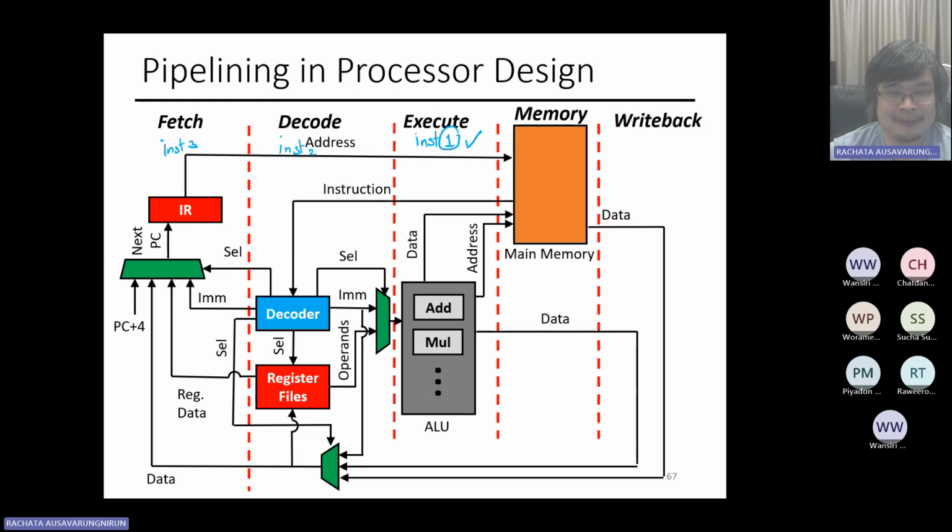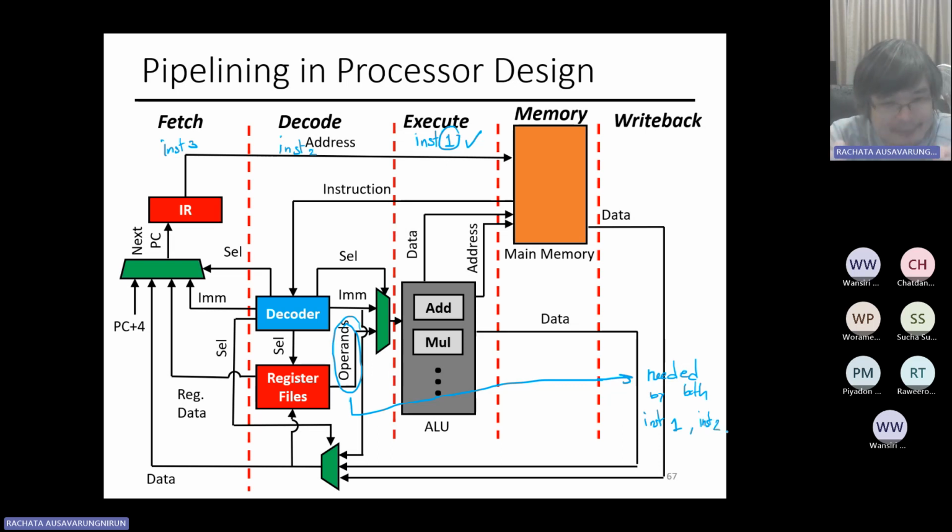Because if you think about it this way, instruction 1 is in the ALU right now. Instruction 2 is in the decoder. So it also means that for the operand that you try to get from the register, this wire, the input into my ALU, is needed at this moment by both instruction 1 because I'm adding the number right now, and instruction 2 because I'm decoding.